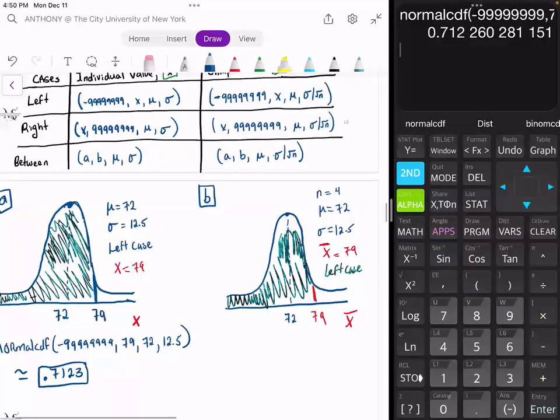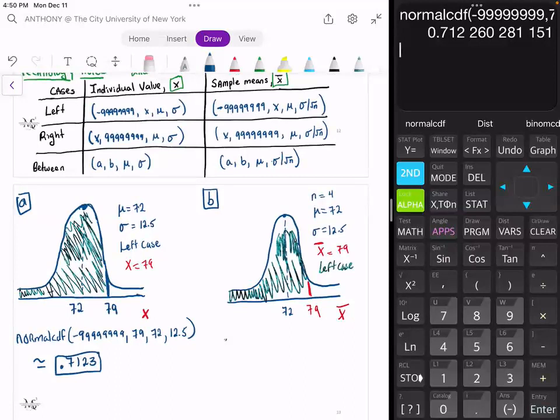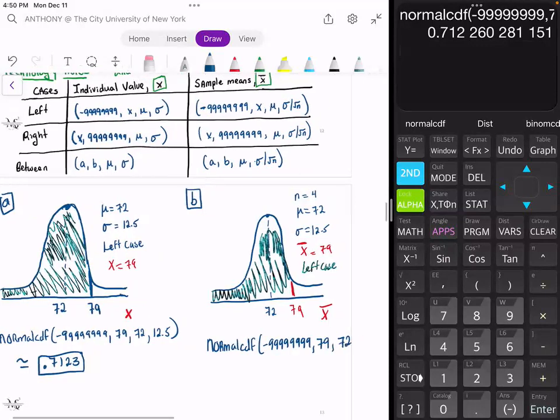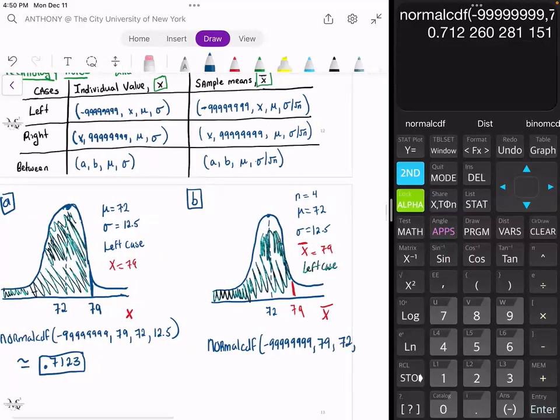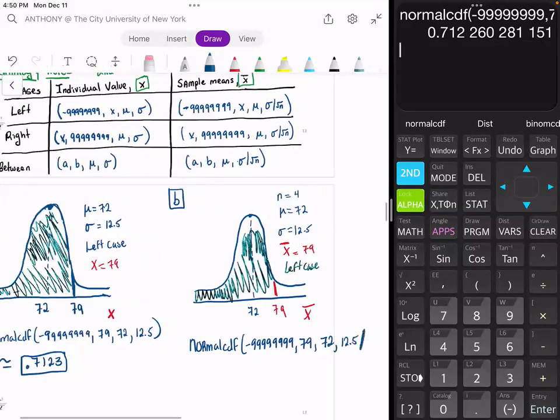For part B, we have normalcdf of negative 9999999, followed by our sample mean, 79, followed by population mean of 72, followed by 12.5, divided by square root of 4.